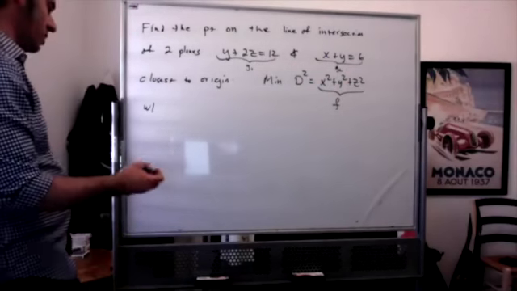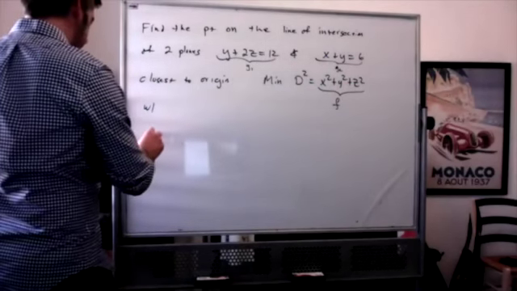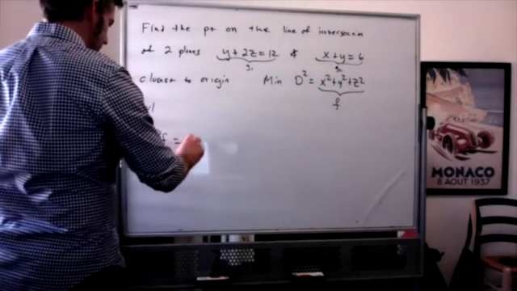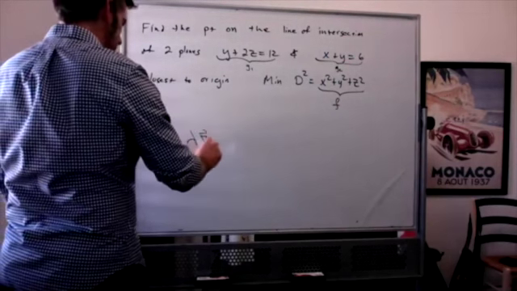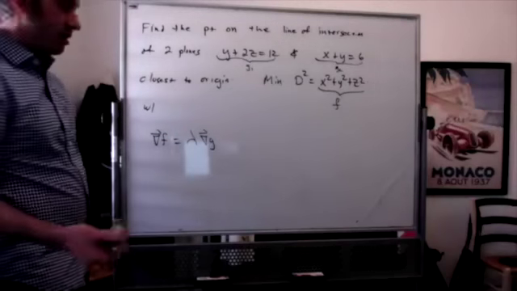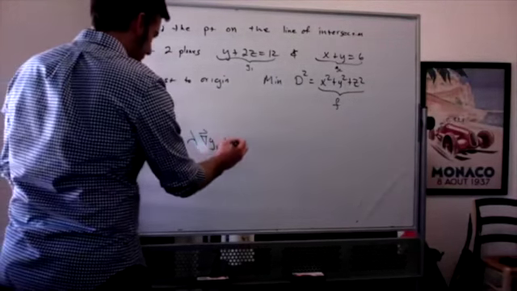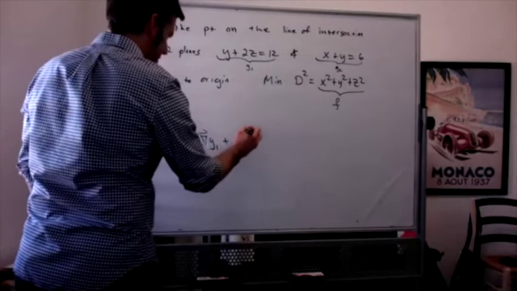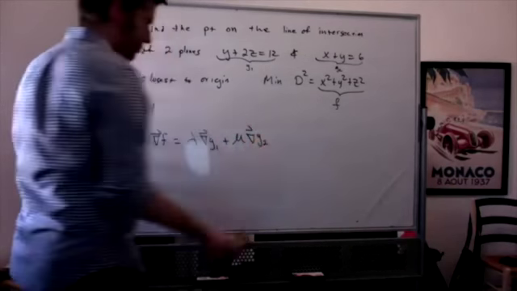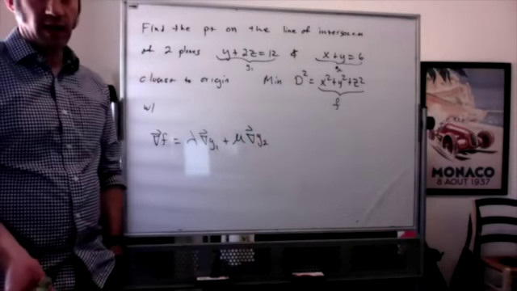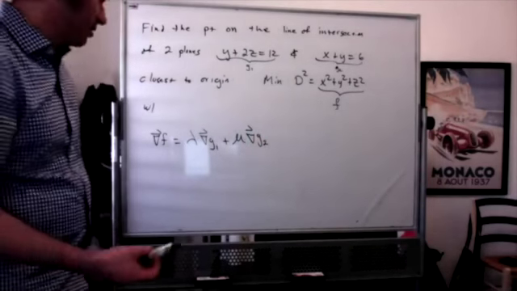Instead of doing the gradient of F equal to lambda times the gradient of G, it's going to be the gradient of F equal to lambda times the gradient of G1 plus mu times the gradient of G2. And then we're going to solve this system. Let's see what we get.